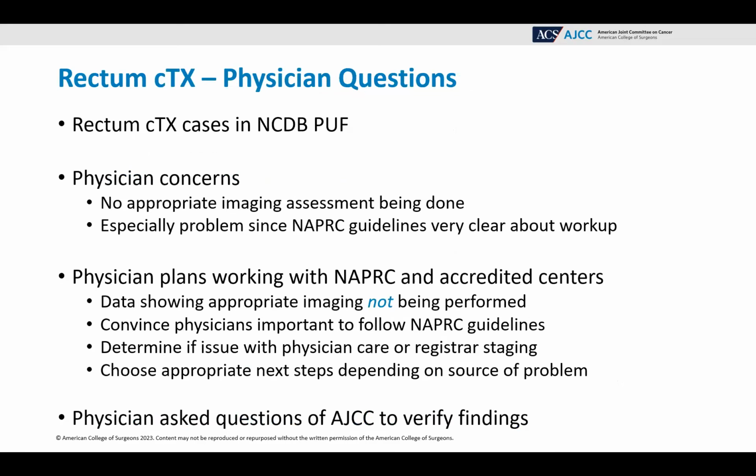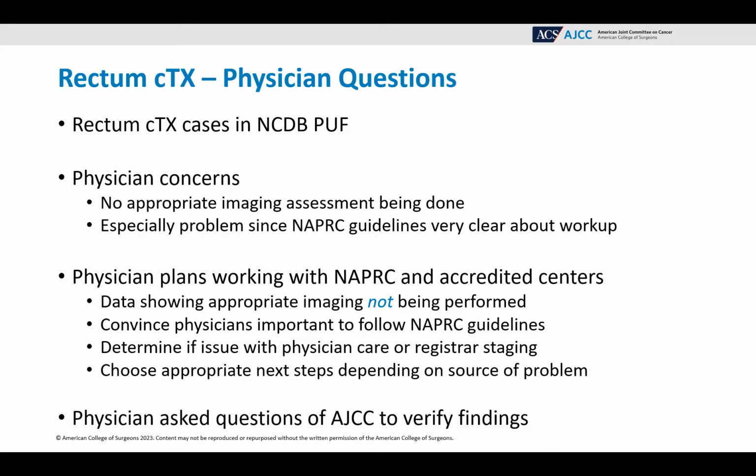Now, my third example was rectal cancer cases. They were CTX in NCDB, and the physician's concern was that no appropriate imaging assessment was being done. He said this was especially a problem since NAPRC, the accreditation program for rectal cancer, has guidelines that are very clear about the appropriate workup for rectum.